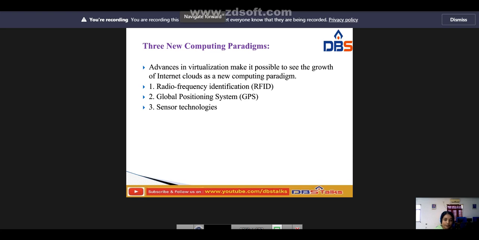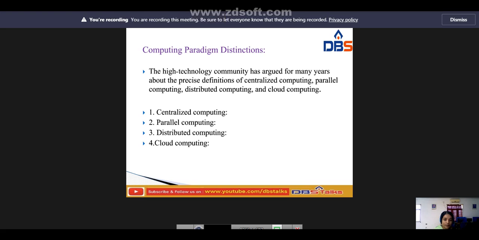So next, computing model paradigm. High-technology computing has argued for many years for precise definitions of centralized computing, parallel computing, distributed computing and cloud computing. Distributed computing is the opposite of centralized computing. Centralized computing is nothing but it centrally controls all the services and nodes.